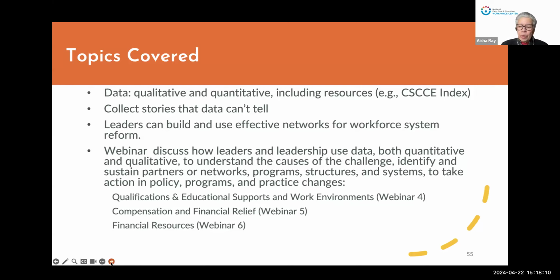So the stories are very important. We also know that you have to build, and we've stressed this, effective networks for workforce systems reform. The networks cannot just be in our silo. I'm in early education.